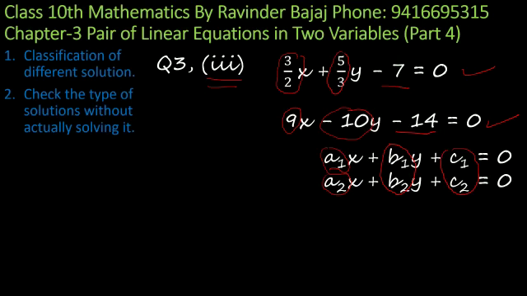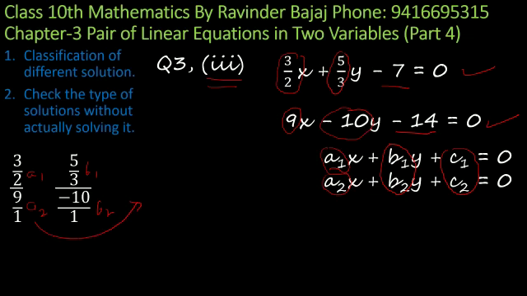So let's calculate A1 upon A2, B1 upon B2. So here this is A1, 3 by 2, and this is A2, 9, which can be written as 9 upon 1. And this is B1 and this is B2, minus 10, which can be written as minus 10 upon 1. So let's take the reciprocal of the denominator here.